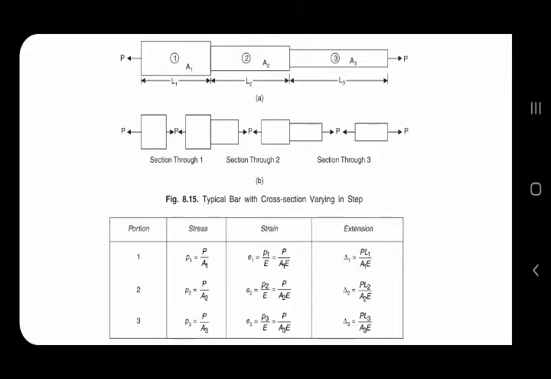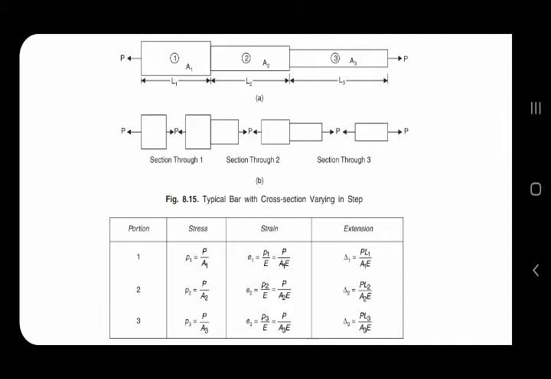Now the next topic is when the bar's cross section is varying in steps. With a simple figure, let a bar be made of 3 parts, 1, 2 and 3.